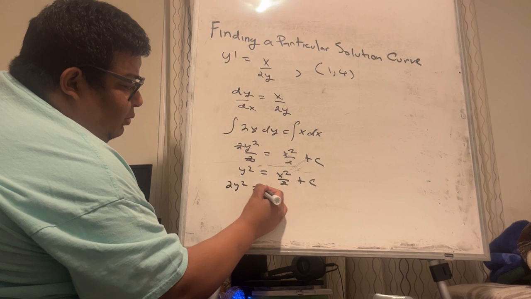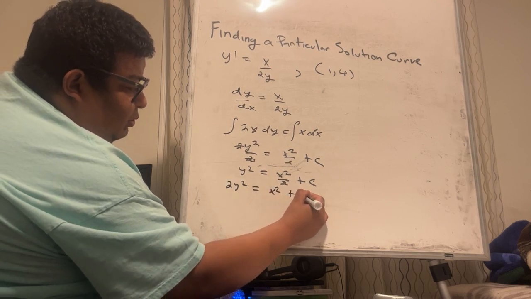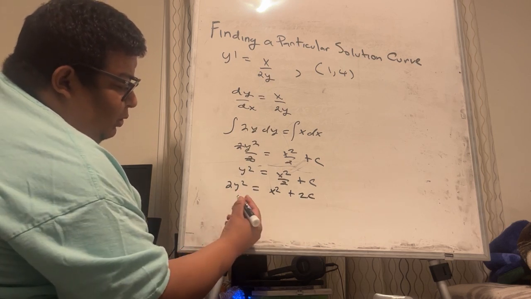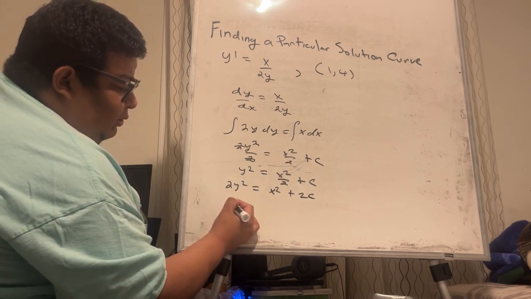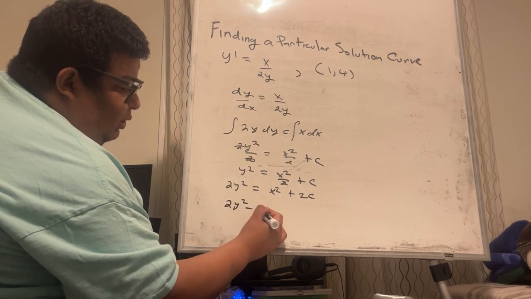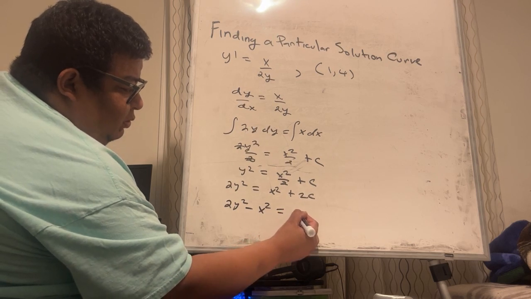So the way we do it is like this: 2y squared equals x squared plus 2c. Then when we arrange the equation, we get 2y squared minus x squared equals c.